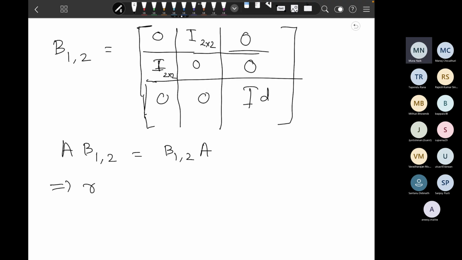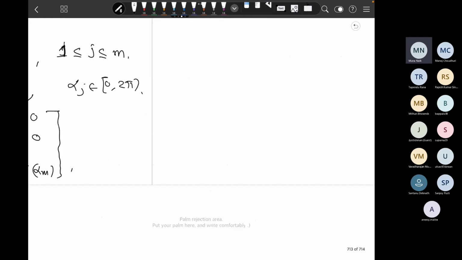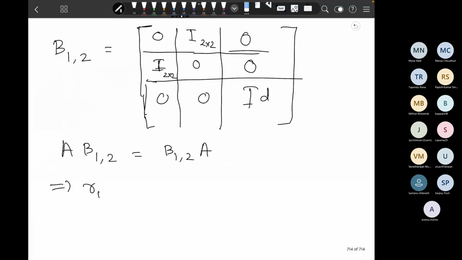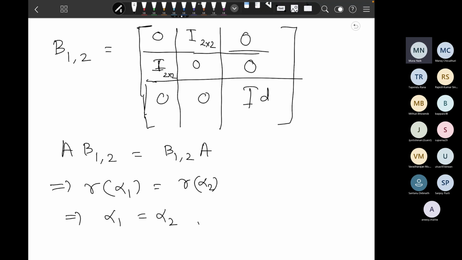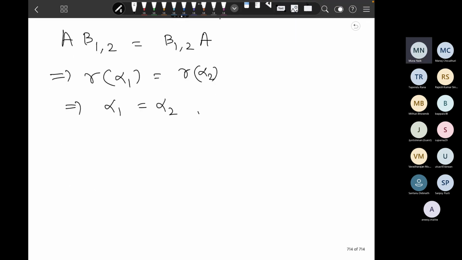If you multiply blockwise, you will get R alpha 1 is equal to R alpha 2. So this will give you alpha 1 is equal to alpha 2. I have done this for 1 and 2, but you can choose any j and k similarly.